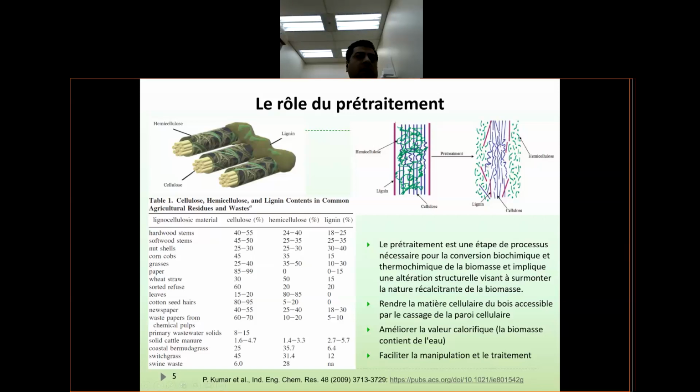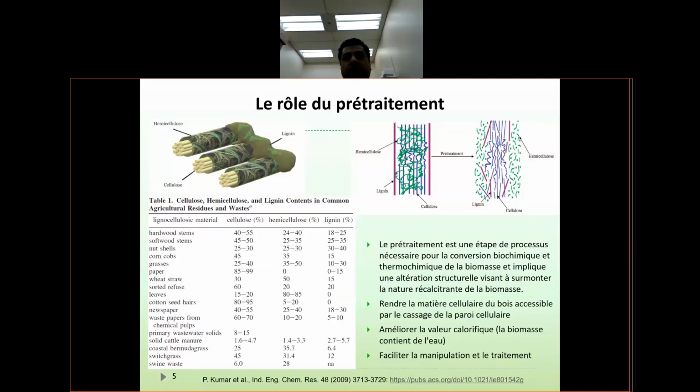By the way, this table here is very interesting. In this table, you have a list of several biomass materials, and you can see that cellulose, hemicellulose, and lignin are there with different mass fractions. But besides cellulose, hemicellulose, and lignin, if you remember yesterday, I said we also have ash in biomass.